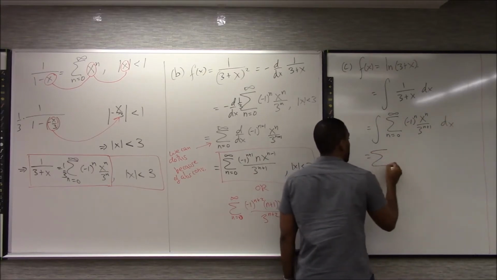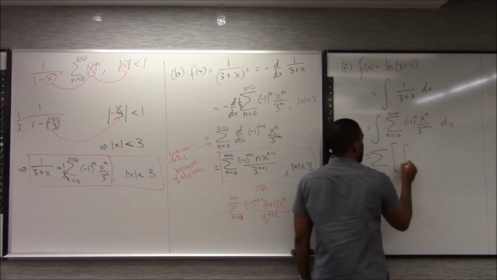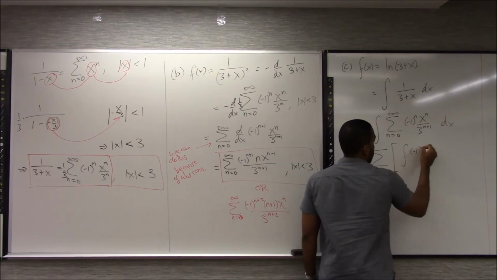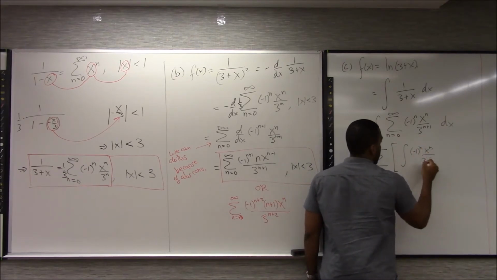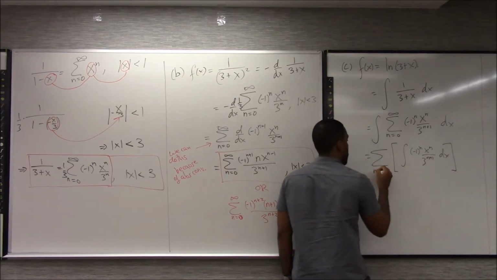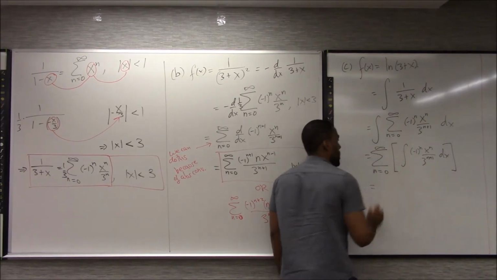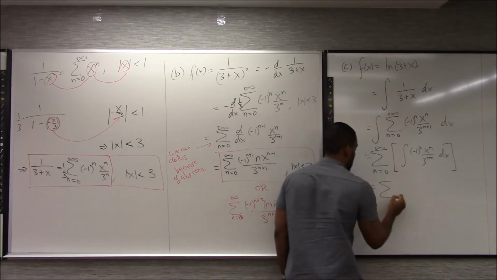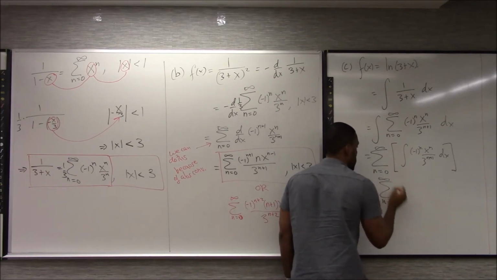And because of absolute convergence, I can swap the series and the integral. So I can compute the integral of this and get the power series for that.